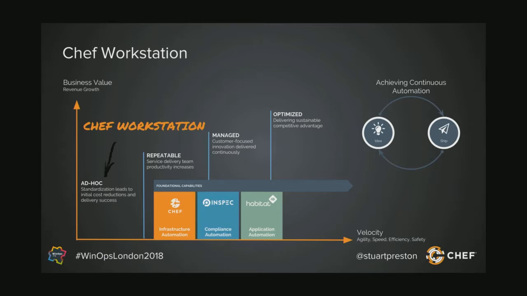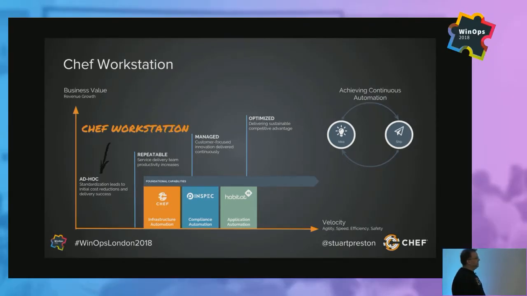And so we have this thing called Chef Workstation, which is a product we announced earlier this year. Where it fits in this ecosystem is it brings together some of the tools that you already know if you're developing with Chef in the Chef development kit, or Chef DK as we call it, and adds some tooling so that you can start working with Chef very quickly, out of the gate.